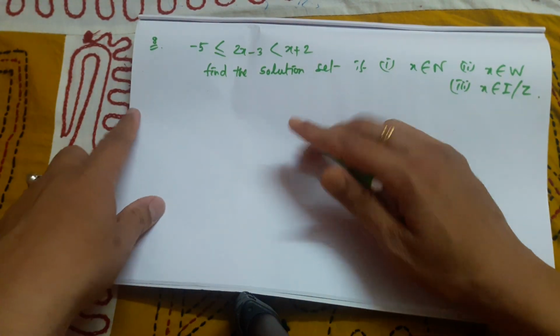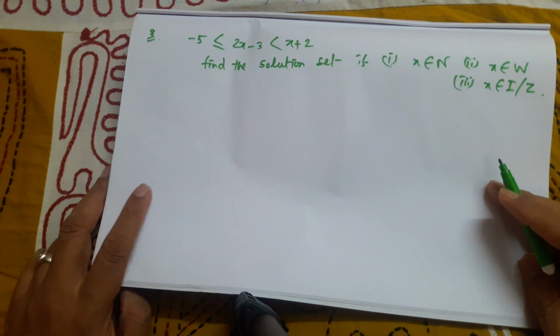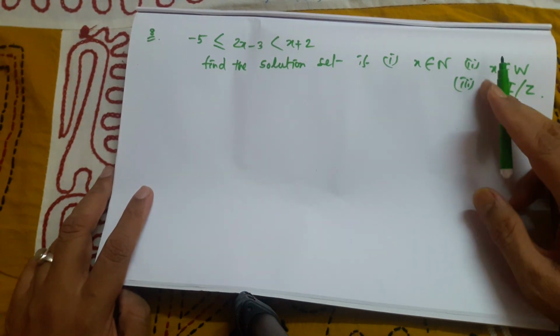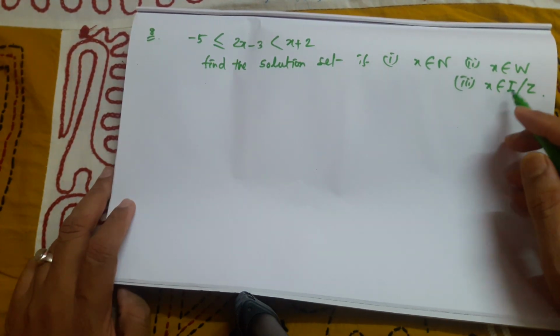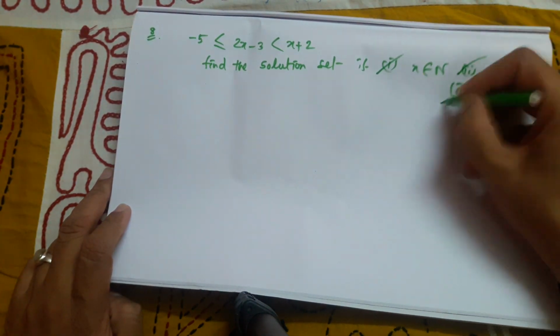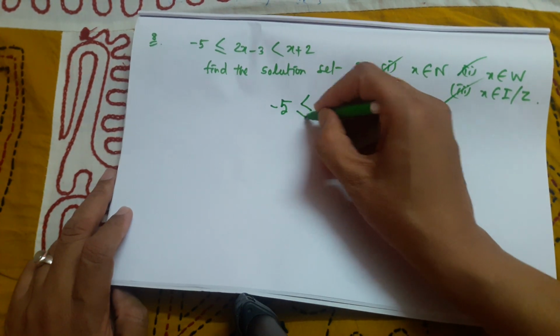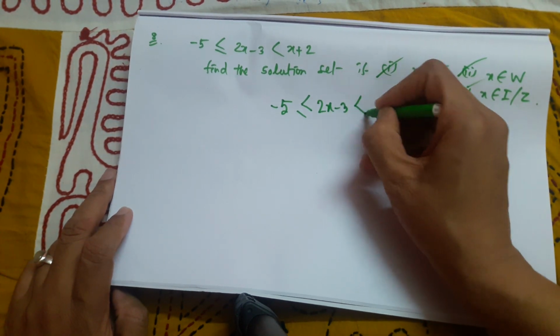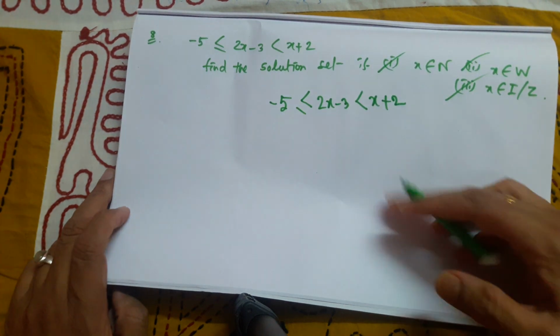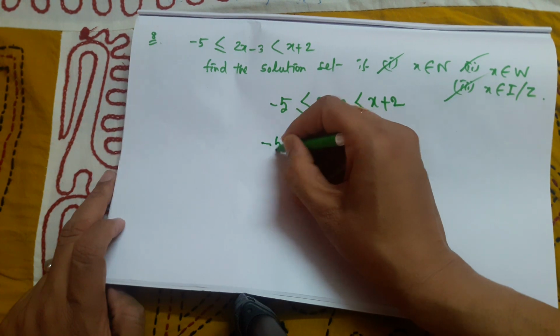Question number 8. Double-sided inequality. Find the solution set if x belongs to natural number, x belongs to whole number, x belongs to integer. Three parts are there. So first, here we have to add plus 3 on each expression.